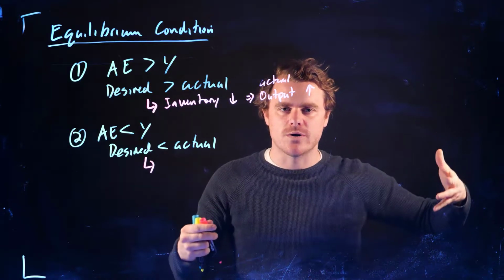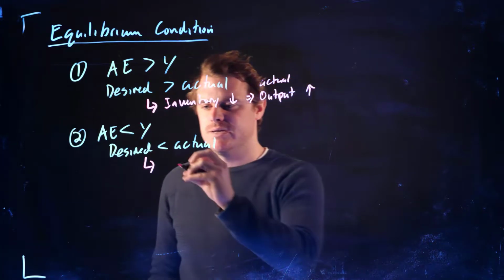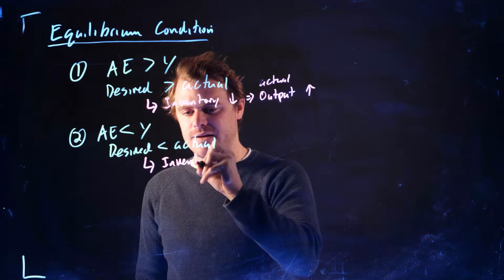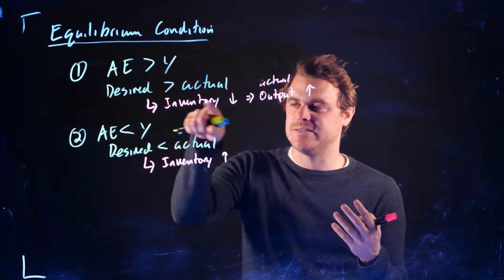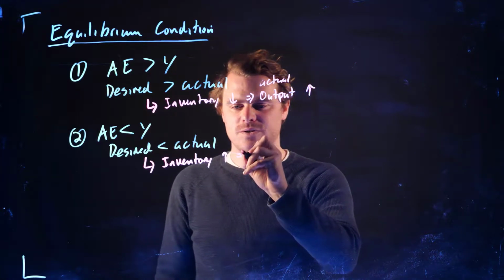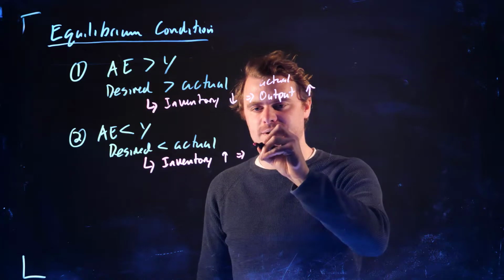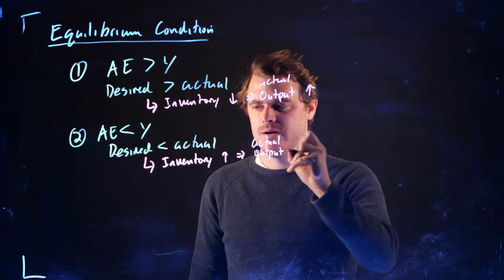We don't need to order more, and we don't need to invest in any more inventory. So our inventory is higher than we thought. This is going to cause actual output to go down because we're not going to invest in more inventory.